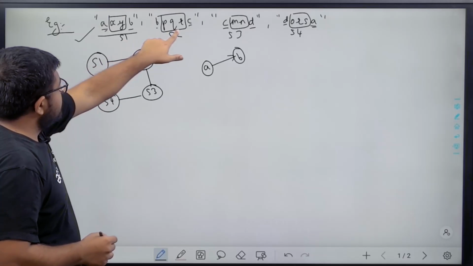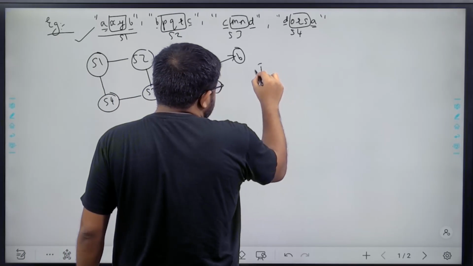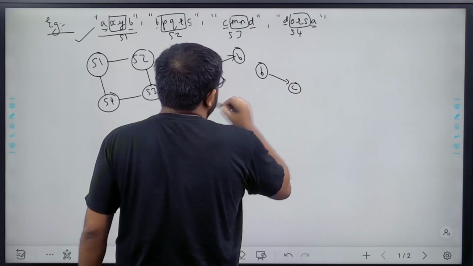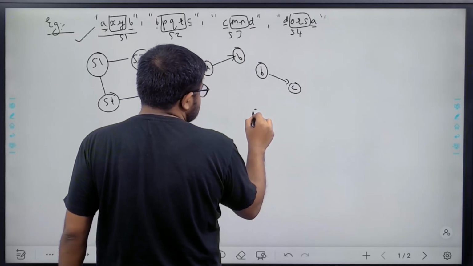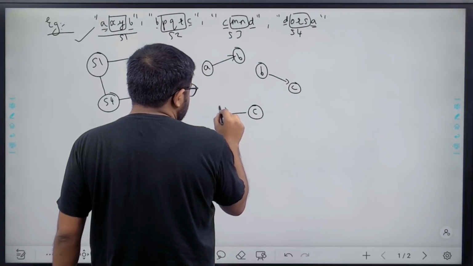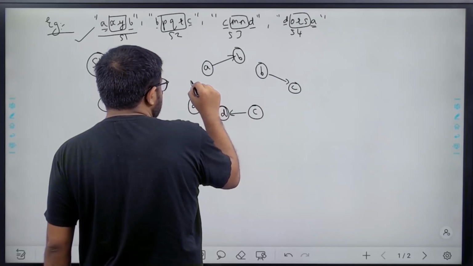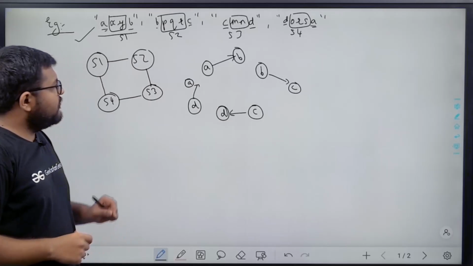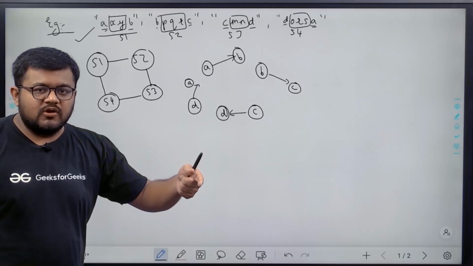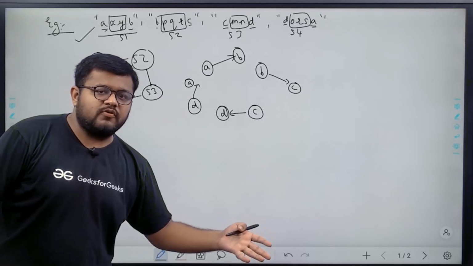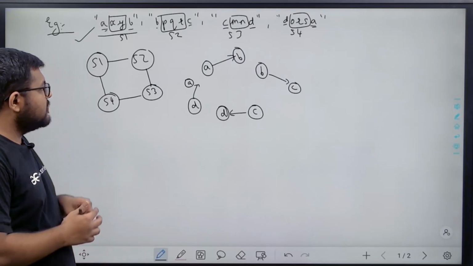I will represent this string as B to C, this string as C to D, and this string as D to A. Now if the first character of a particular string is the same as the last character of another string, then they can be chained together.